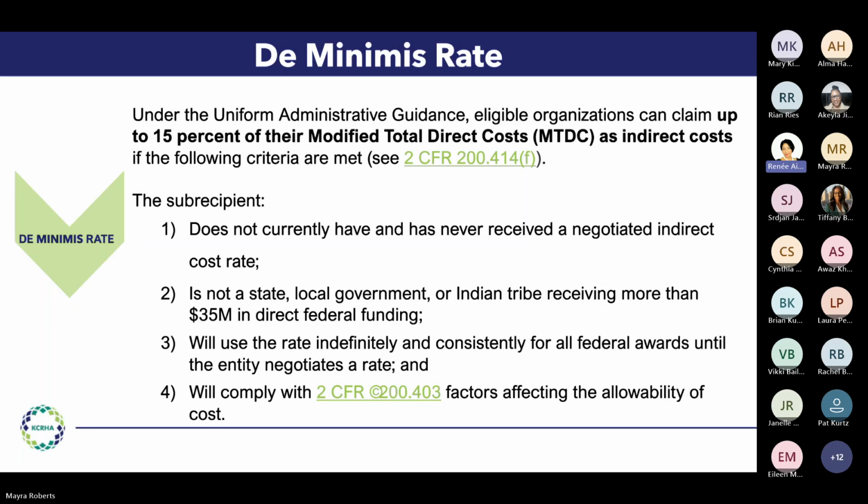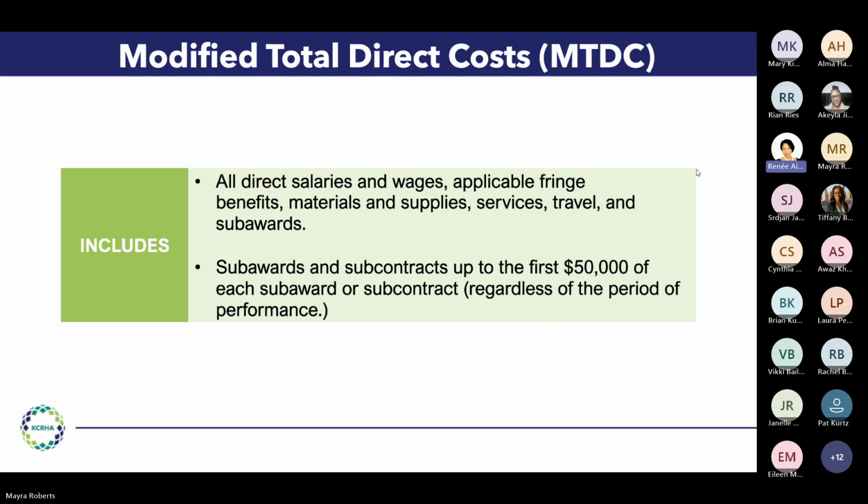And also that you will comply with 2 CFR 200.403, factors related to allowability of the cost, right? And that's referring back to our previous list as it relates to all costs must be allowable costs. They must be reasonable and necessary, etc. That whole little list we provided to you there. Okay. Next slide, please.